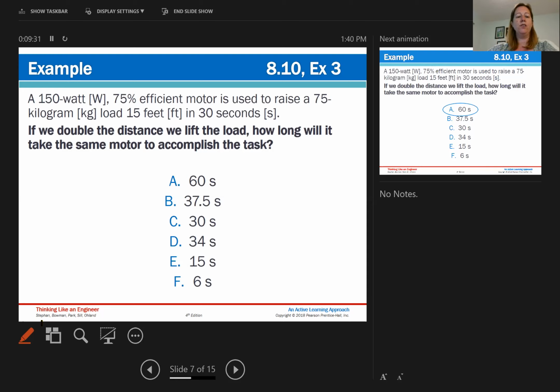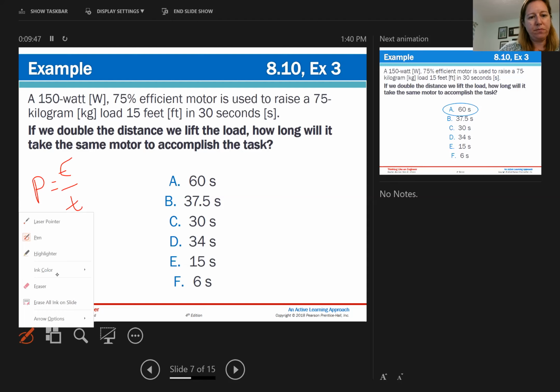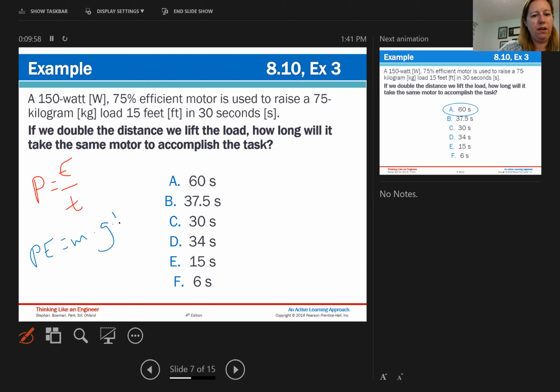And so if we look at our 2 equations, we have our power is equal to energy over time. And we know that our potential energy is mass times gravity times our height.